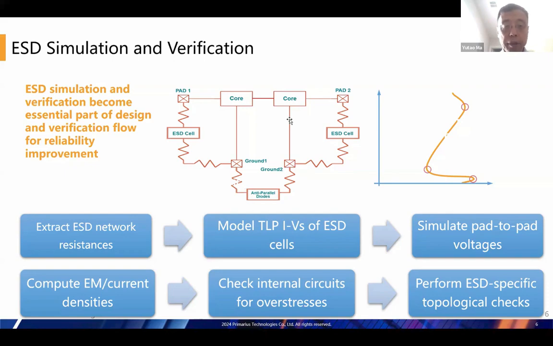So we have to properly model the behavior of the ESD device and do full chip verification simulation of the ESD protection circuit, making sure there's no problem for any combination of the pins or paths, to make sure the ESD protection is comprehensive and reliable.